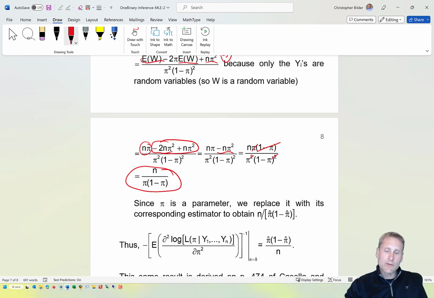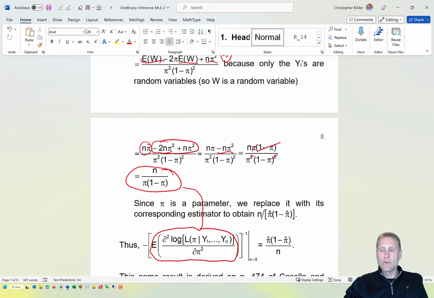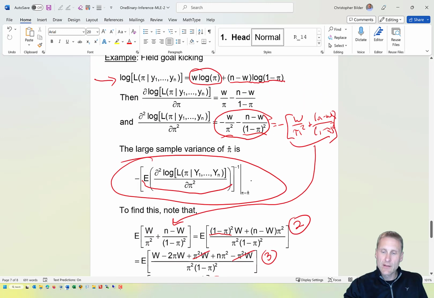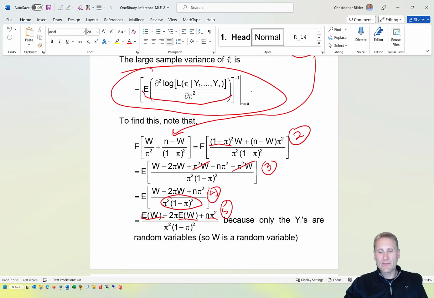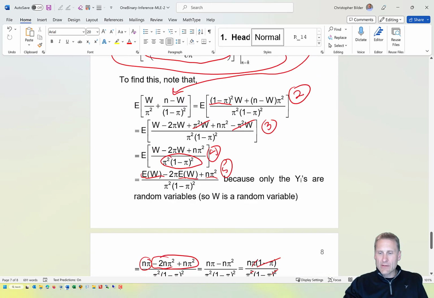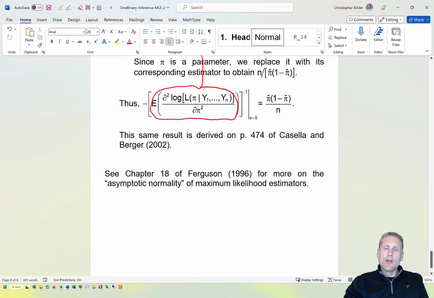So now what I can do is I can plug that in to this expression right here. And remember, of course, we originally had that negative. We moved that out just so that we didn't make a mistake. And so that negative then cancels out with a negative there. I invert it.